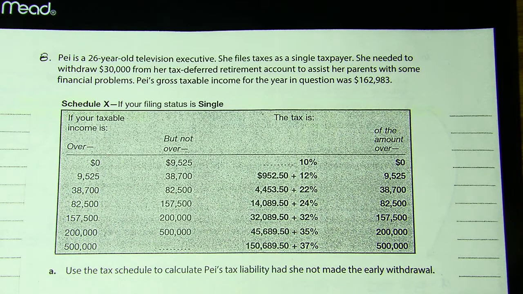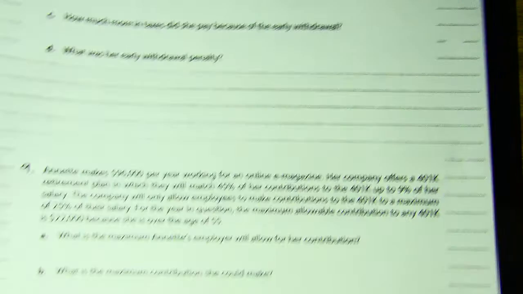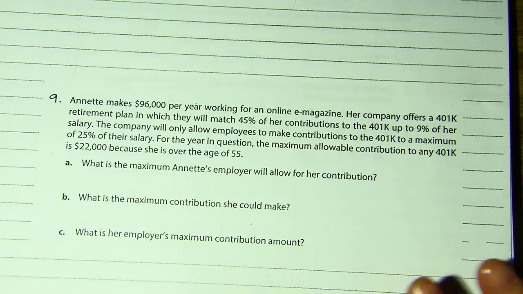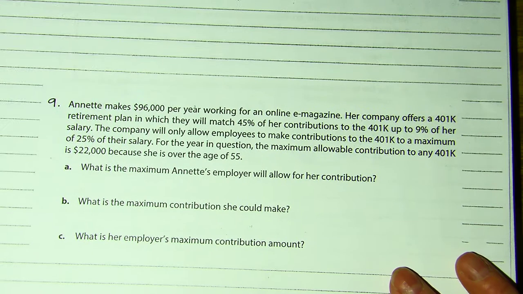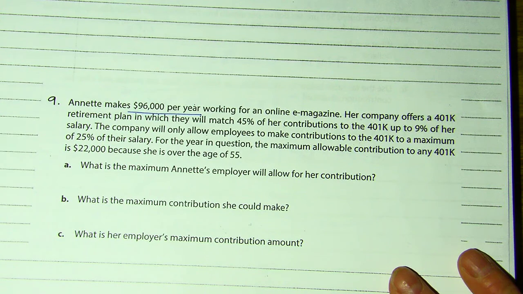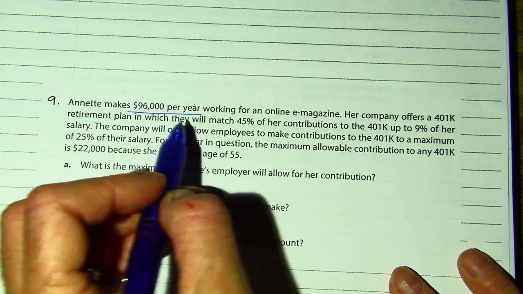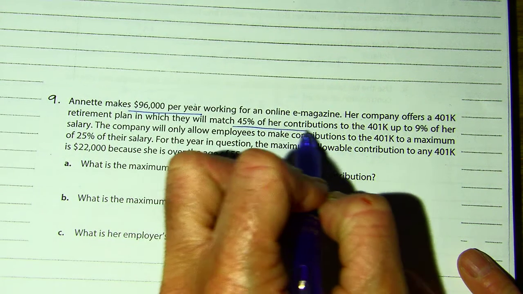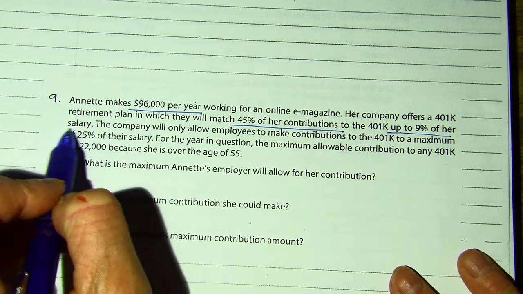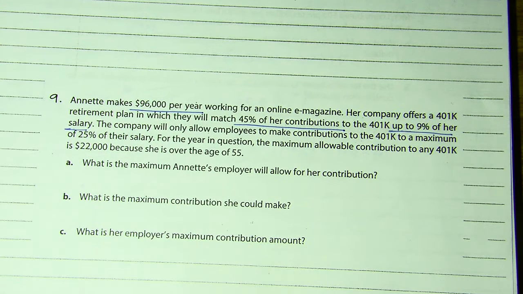Now I have a couple more. I'm going to do this last one. So this is for matching, and because this is on your homework. So Annette makes $96,000 per year. Her company offers a 401k, and they will match 45% of her contributions up to 9% of her salary, meaning they're not going to contribute beyond what 9% of your salary is.